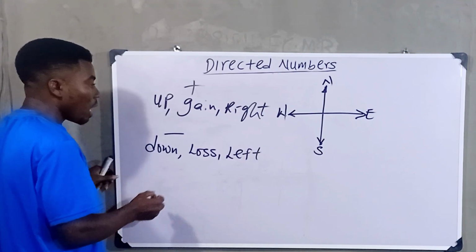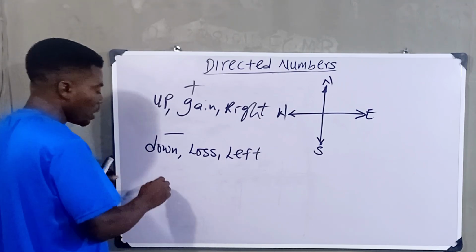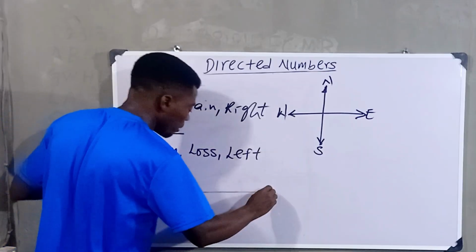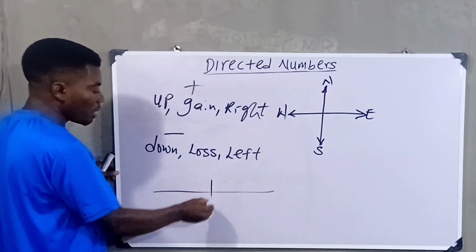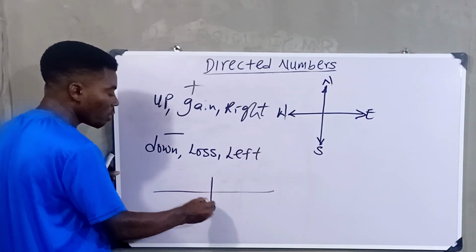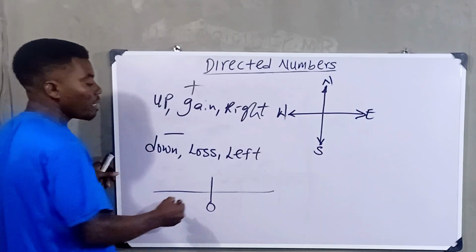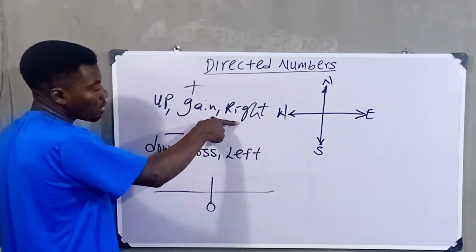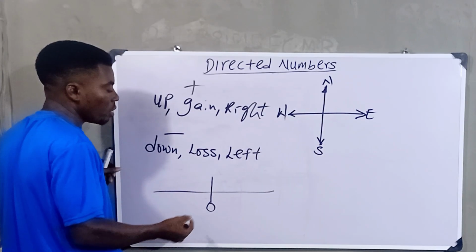Okay, so another example is the number line. On a number line, let's take here to be 0. So numbers at the right side of 0, remember right is positive, are all positive.